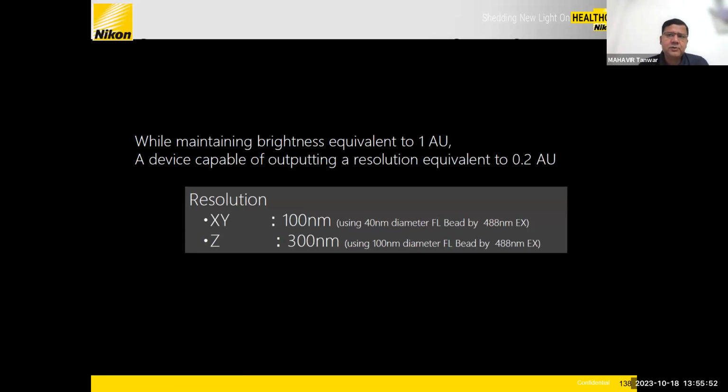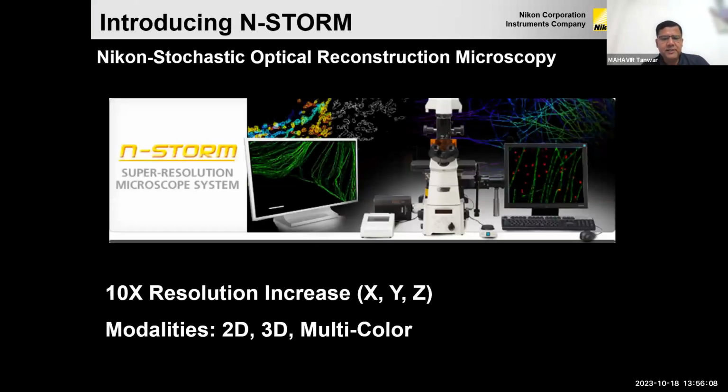In SIM, that is also one big issue. You need a bright sample in that. Of course, in this, you don't need a bright sample. It's fine, whether it's bright or low light. And you can go to more depth in case of NSPARC systems. So that's the confocal based.